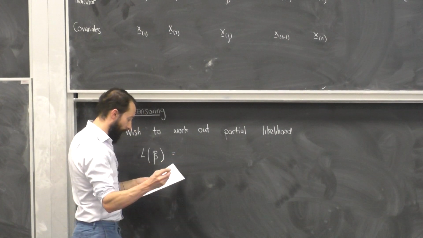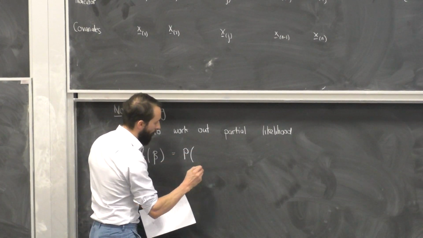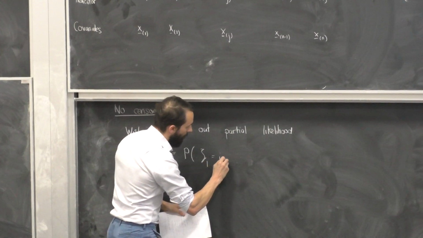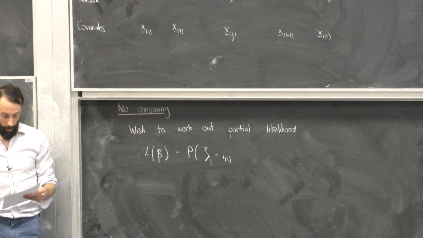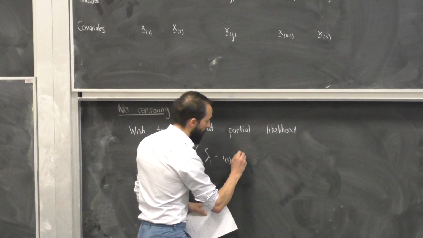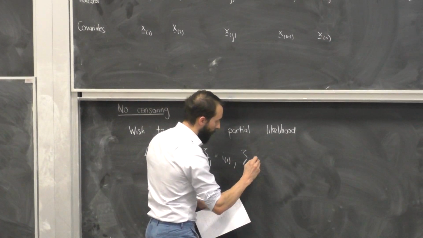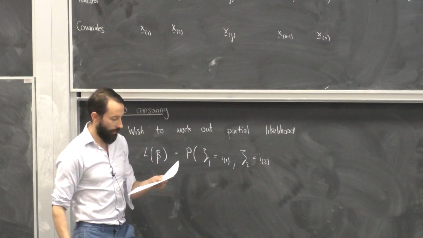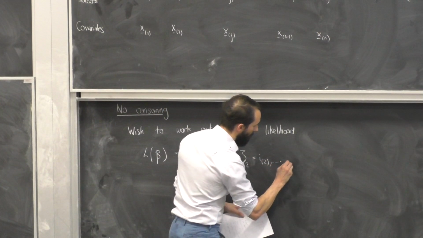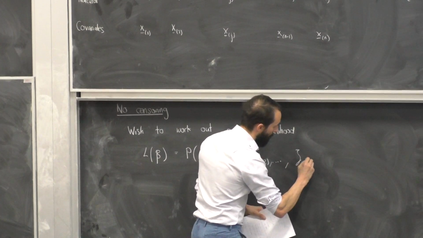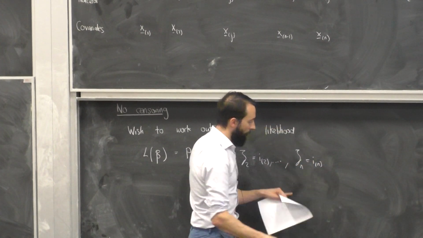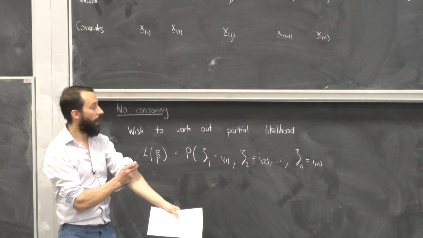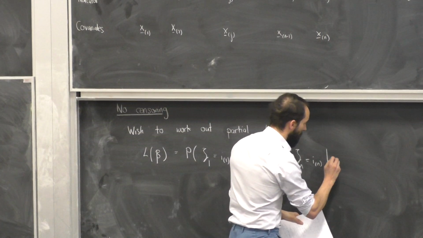So for a particular beta, what's the probability that the first person who failed was actually the first person that I observed fail, that the second person I'd observed fail was the second person that I actually observed fail, and that the last person I observed fail was actually the last person who failed in my study.